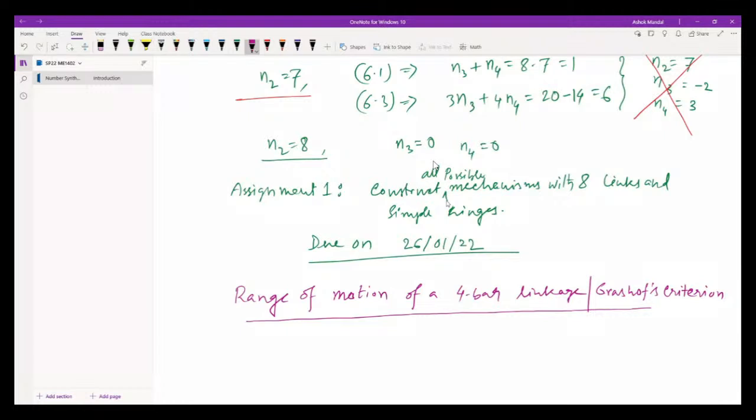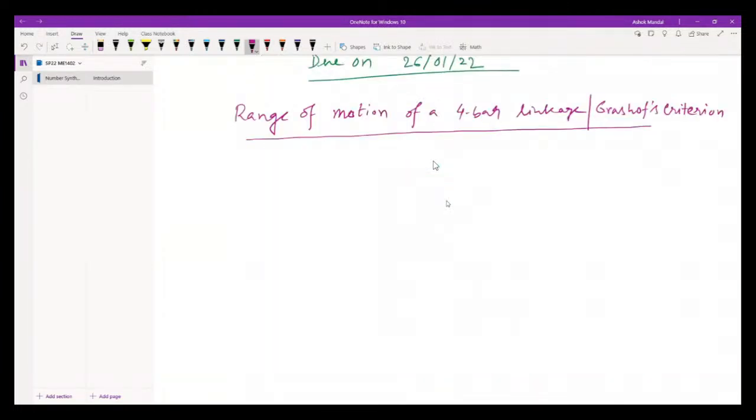What is the range of motion? Suppose we have a four-bar linkage mechanism like this.